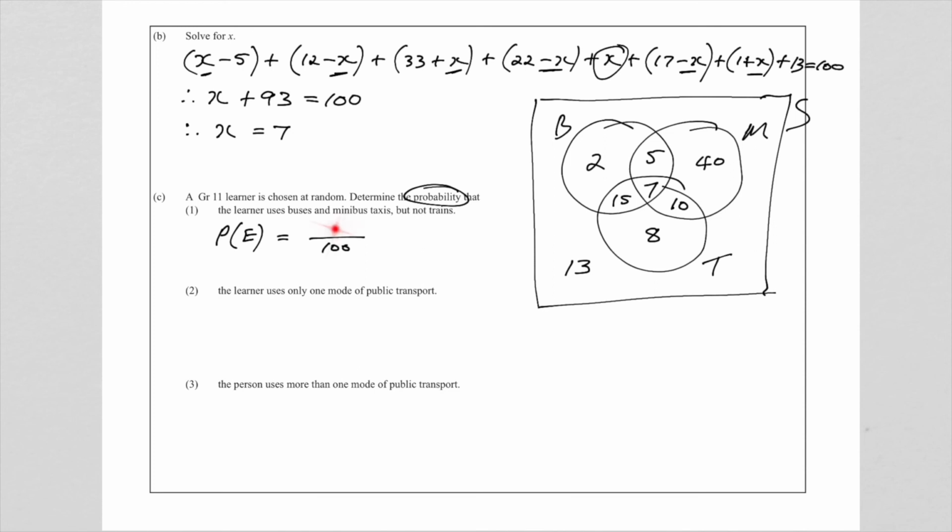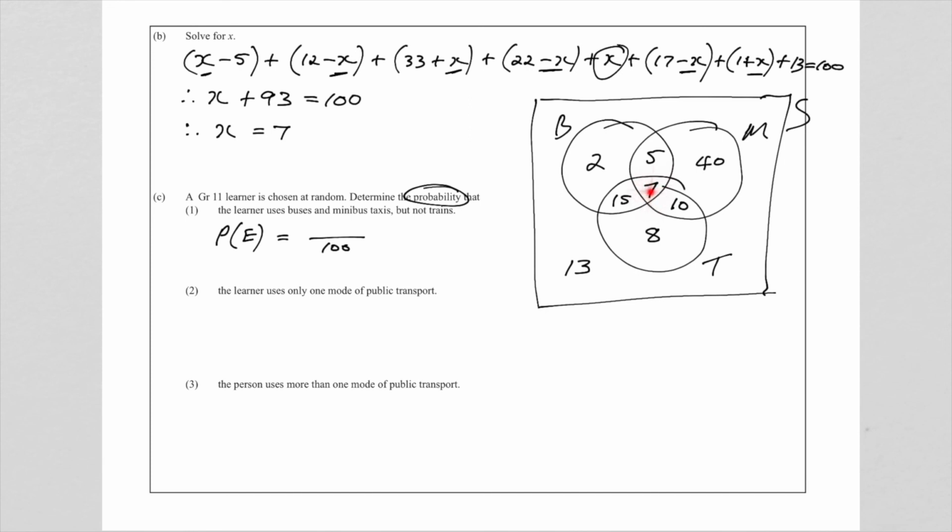Now, where will we get this numerator? That is the part which is buses and minibuses, but no trains. So the intersection between buses and minibus taxis is this whole thing. But they say we must exclude the trains, which is the 7.